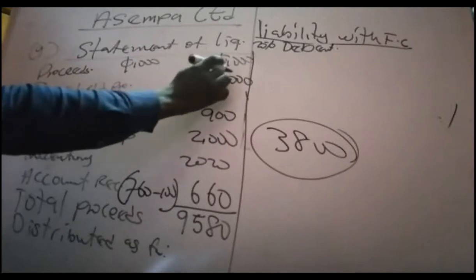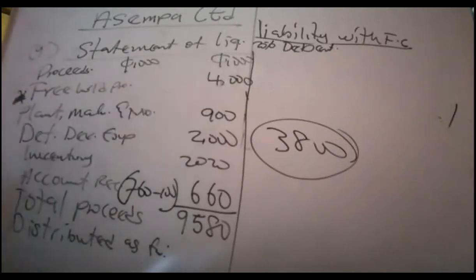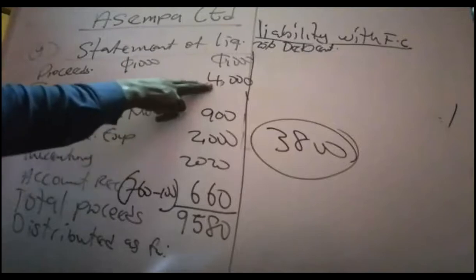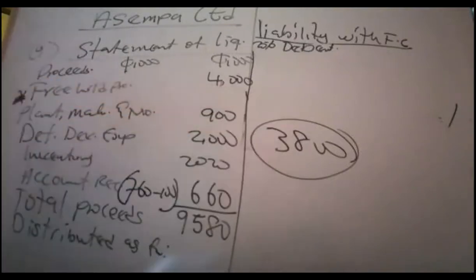So that means they had more than the 3,800.